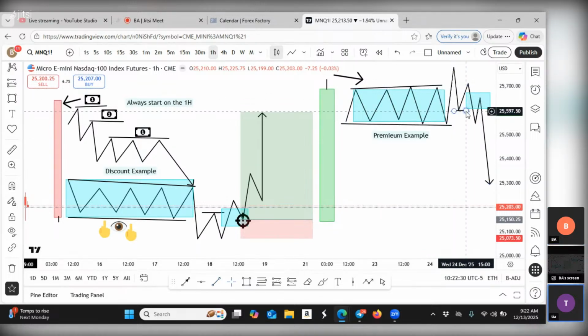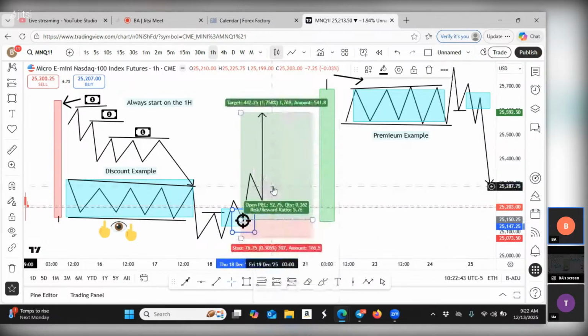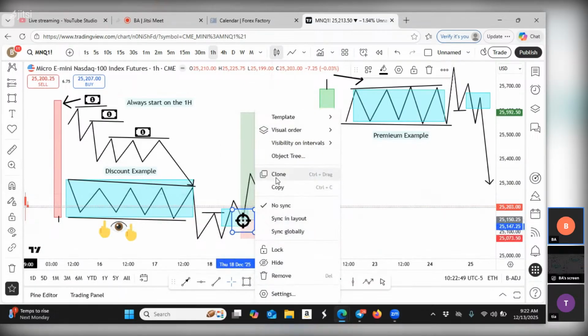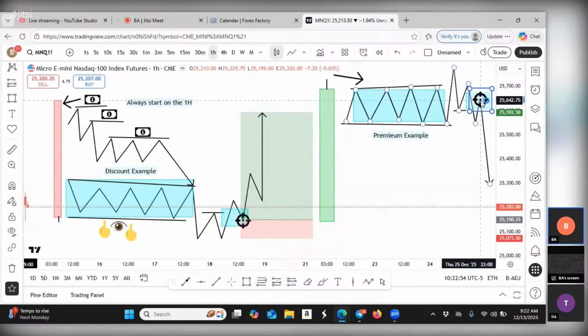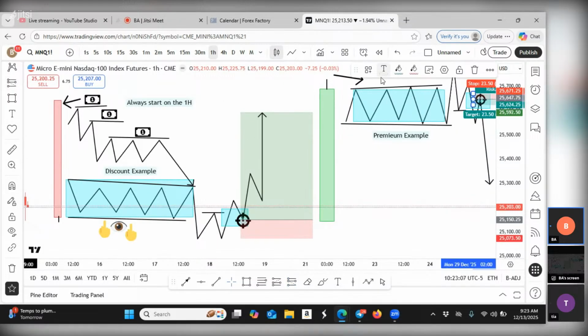And when it broke structure on this leg, you got to ask yourself, did price leave a gap? If it left a gap, now you want to get your entry. Sniper entry right there. Same thing like you see at the low at the bottom left. Same thing at the high.